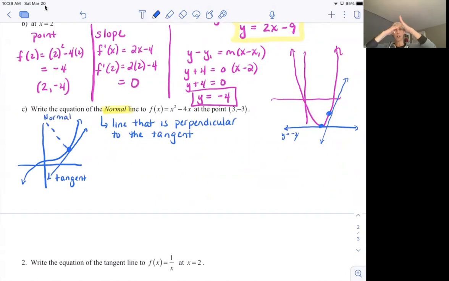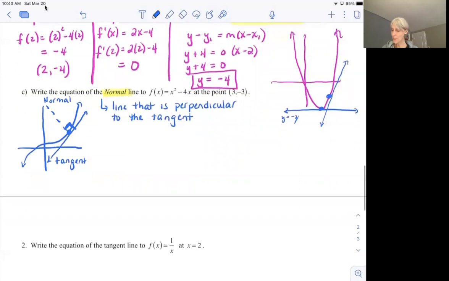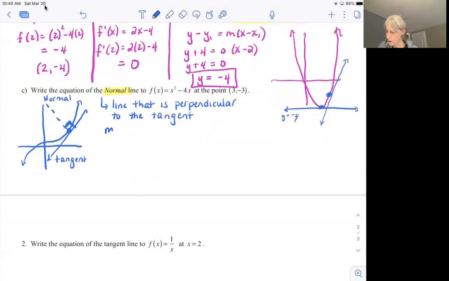So it's perpendicular. What do we know about perpendicular lines? They form right angles. So we're going to follow the same steps, but the slope of the normal line, when you put it into your formula, you're just going to take the negative reciprocal of the slope of the tangent.